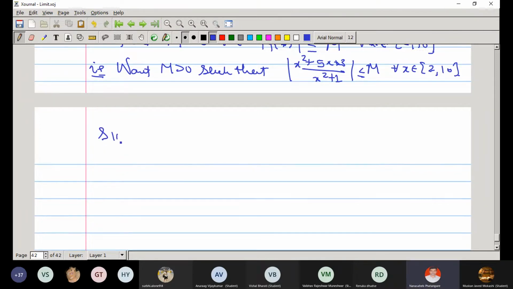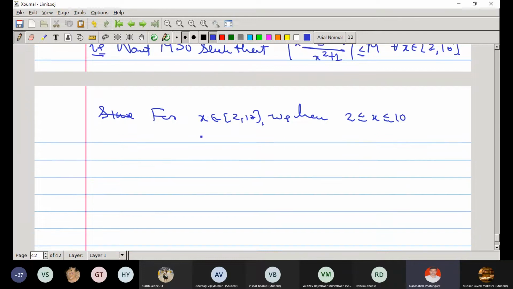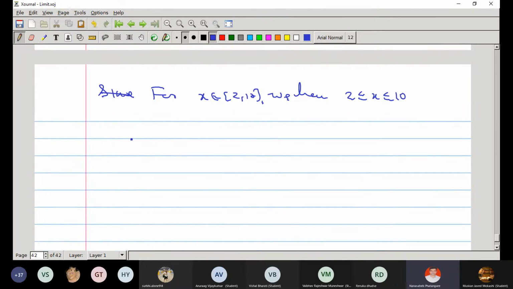Since x is in 2 to 10, we have 2 less than or equal to x less than or equal to 10, so x lies between 2 and 10. Therefore, what is x square plus 5x plus 3?